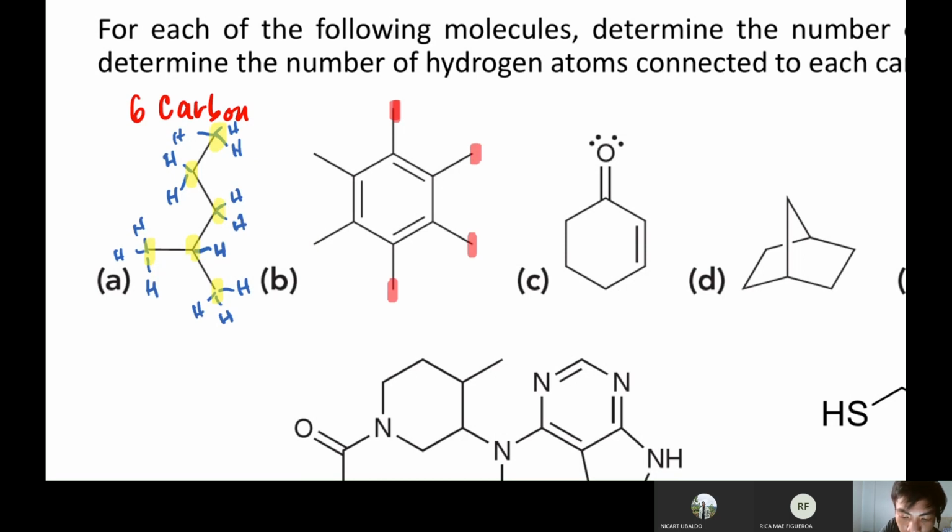Carbon diyan. Carbon dito. Carbon diyan. What else? May carbon din dito sa mga edges ng rings. Okay, so tigi-isa lang kada edge. So, isang carbon, isang carbon, isang carbon, isang carbon, isang carbon, at isang carbon pa. So, ilang carbons meron? 1, 2, 3, 4, 5, 6, 12 na. So, we have 12 carbons for this drawing.